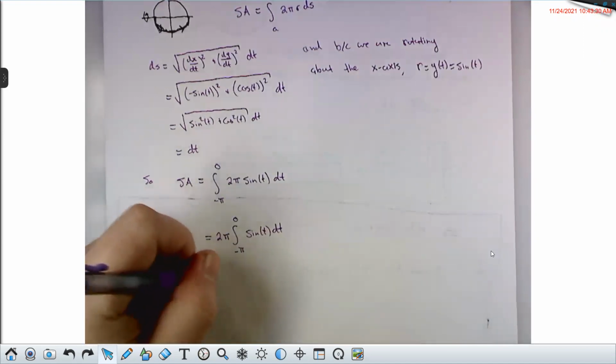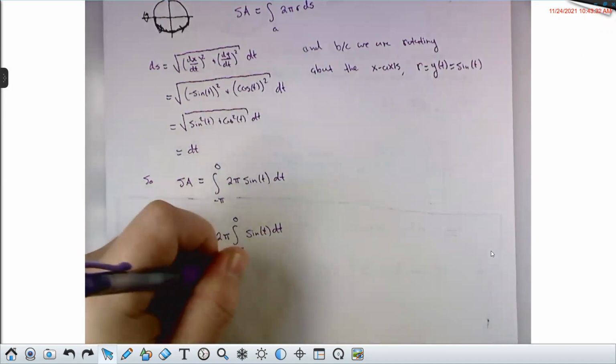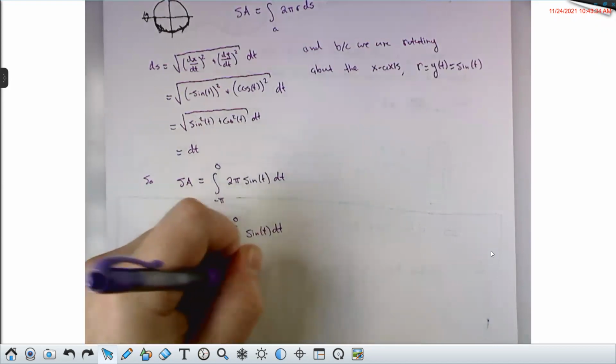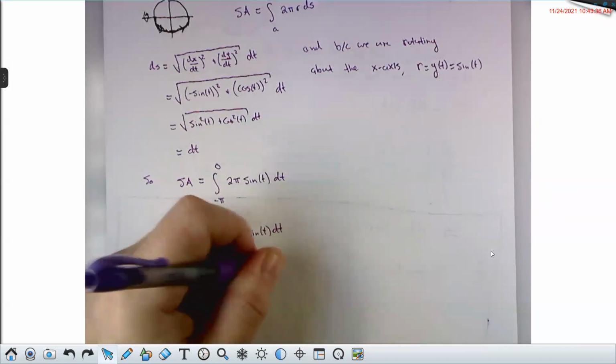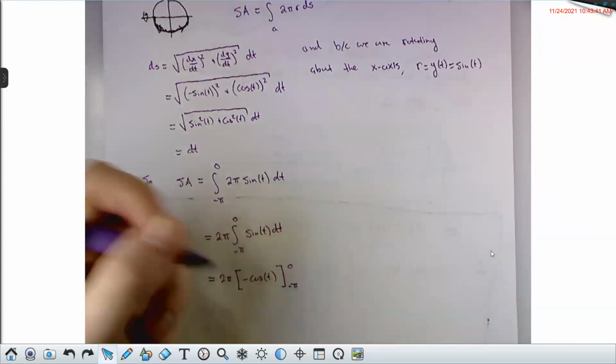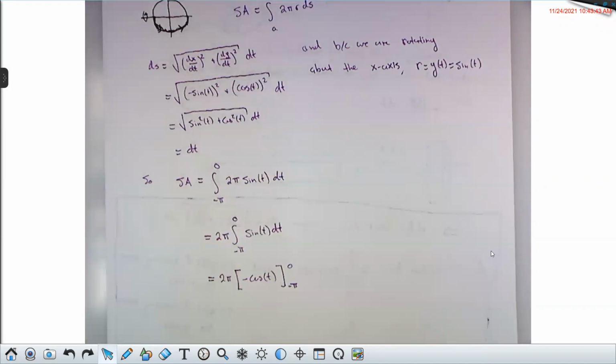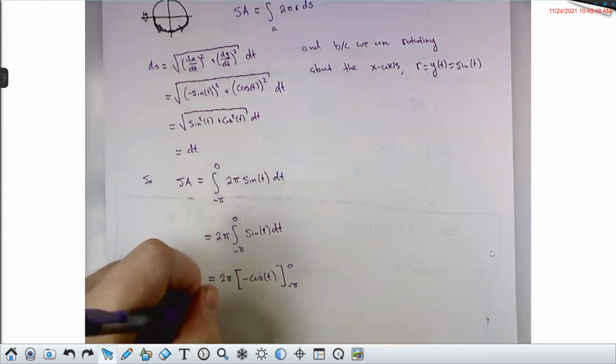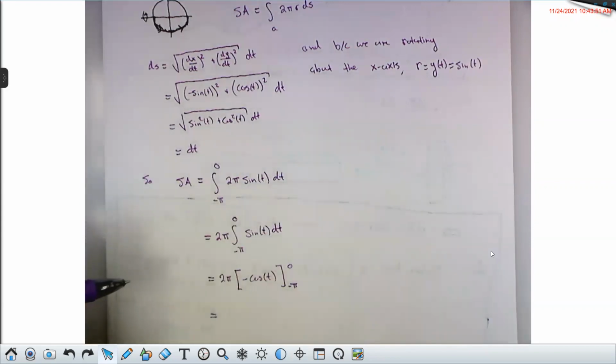The antiderivative for the sine function is negative cos t. And we'll evaluate this from negative pi up to 0. So what do we get?